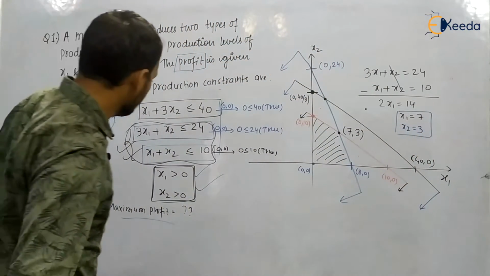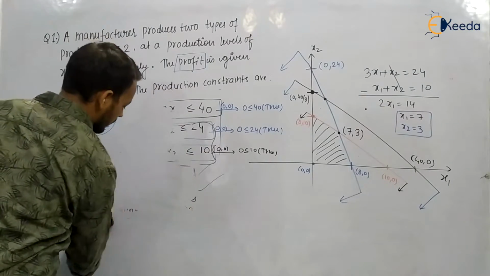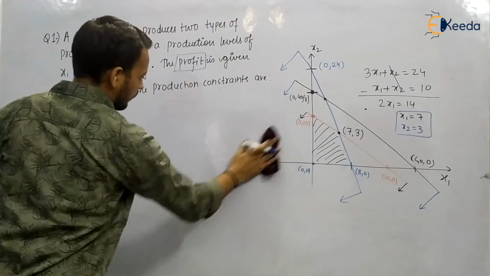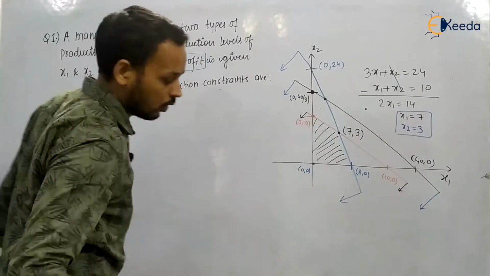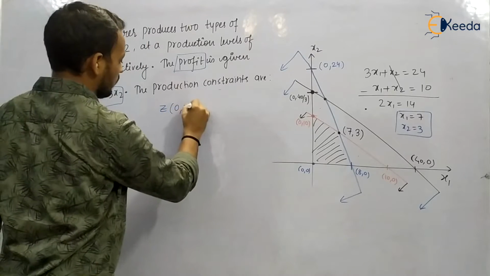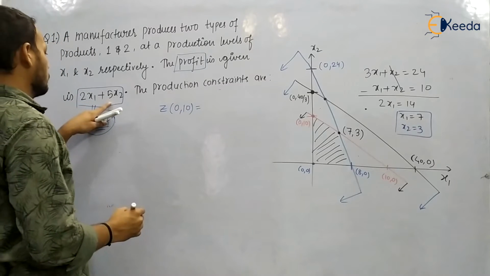Now we have to find the maximum. Now we have to find the maximum profit. The question says find the maximum profit. So just try to put the corner points. Okay, so this is (0, 10), our objective function is 2x1 plus 5x2.